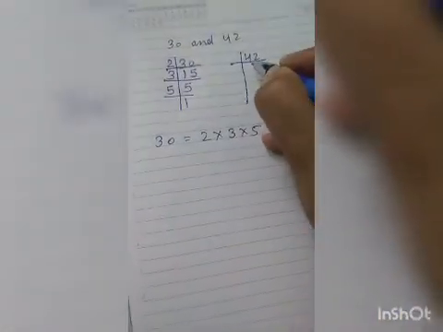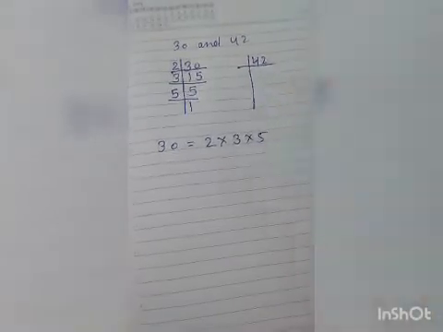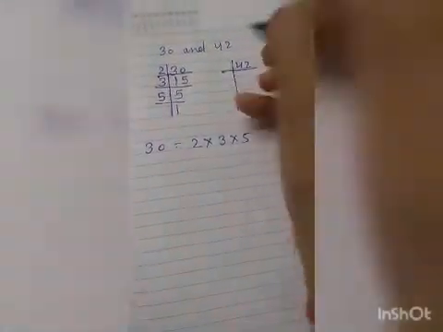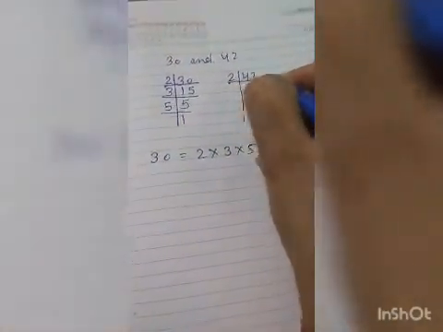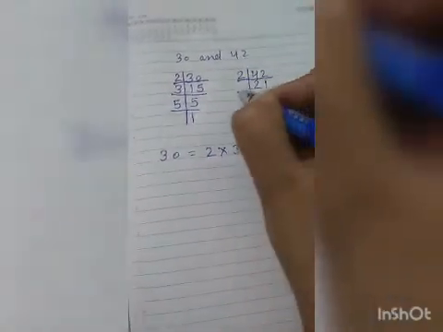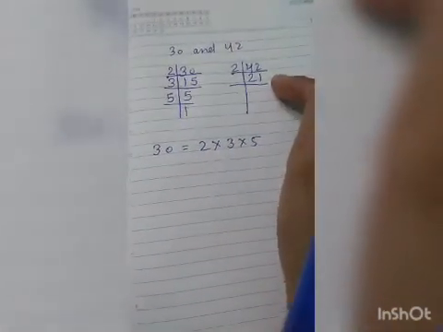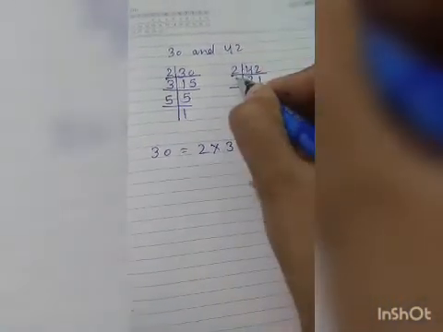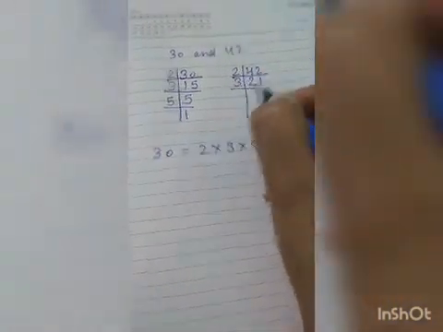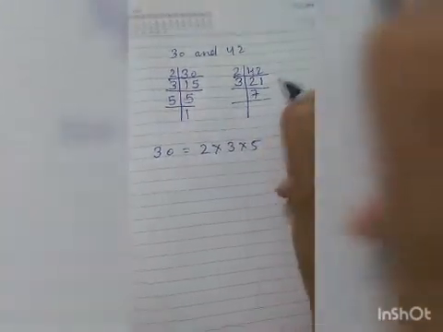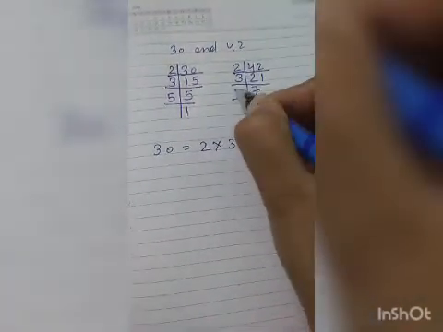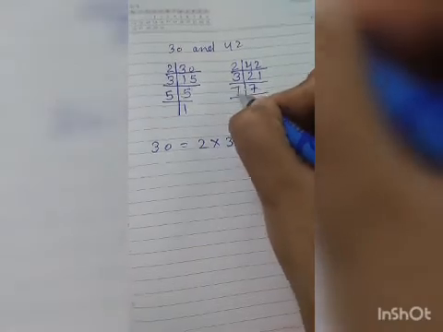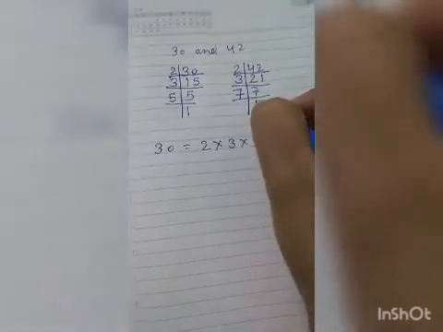Now it's the turn of 42. It contains 2 at the end. So 2 21s are 42. Again 21 is an odd number, so it cannot be divided by 2. So we can divide it by 3. So 3 7s are 21. As we know that 7 is already a prime number, it can be divided by 1 and itself.